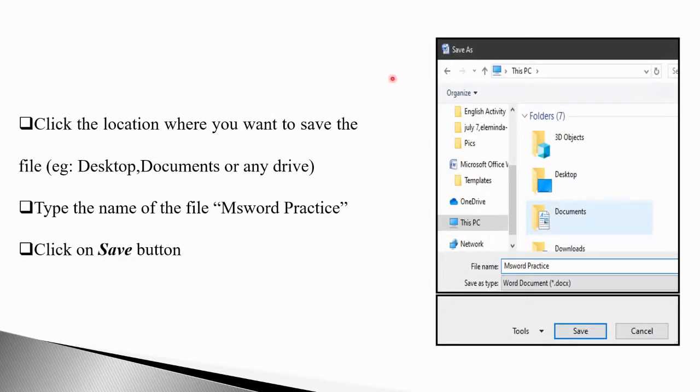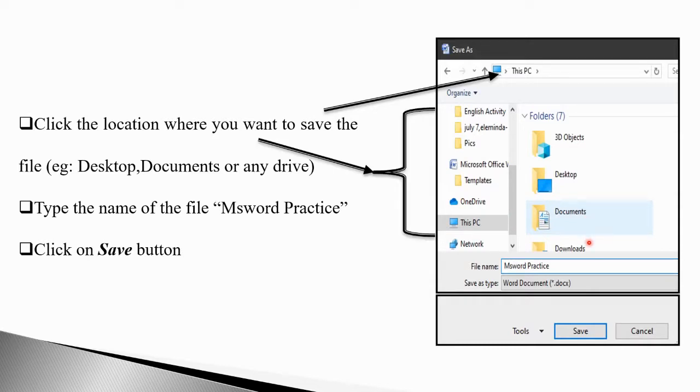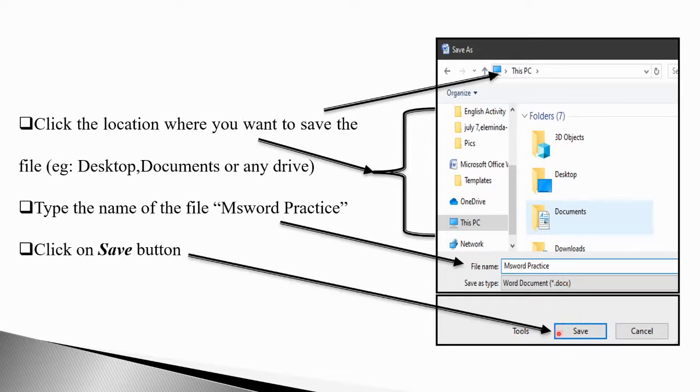Then click on the location where you want to save the file, for example, desktop, documents or any other drive. Then type the name of your file. For example, I have saved my file as MS Word Practice, as you all can see on the screen, students. And then click on Save button.